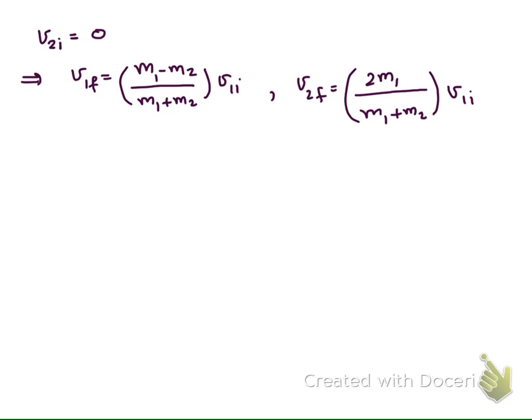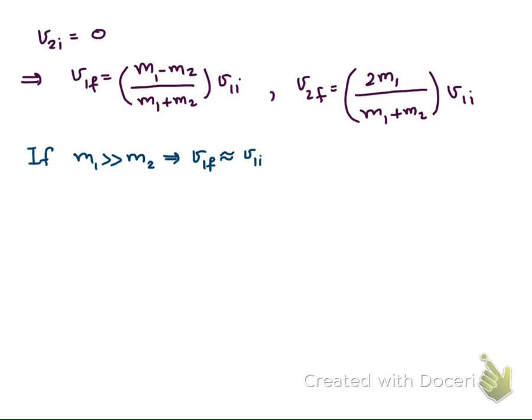First, let's consider the case that M1 is much larger than M2. If M1 is much larger than M2, we have that V1F is approximately equal to V1I.